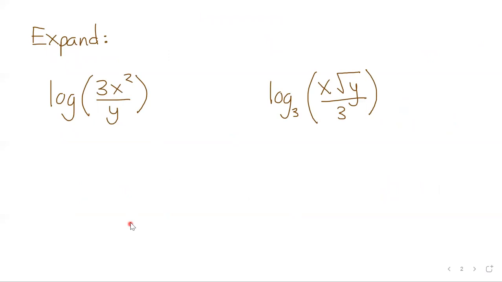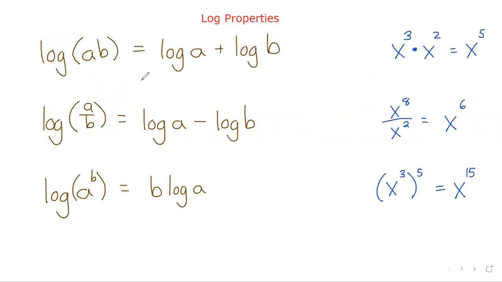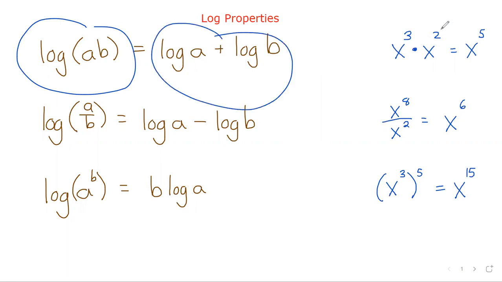So let's look at questions just to see what questions might look like with log properties involved. This is one direction that you might get with these questions. You might get something like this, and it'll say expand. What that means is to use the log properties in this direction, to take something that was one log and expand it into two logs or maybe more.